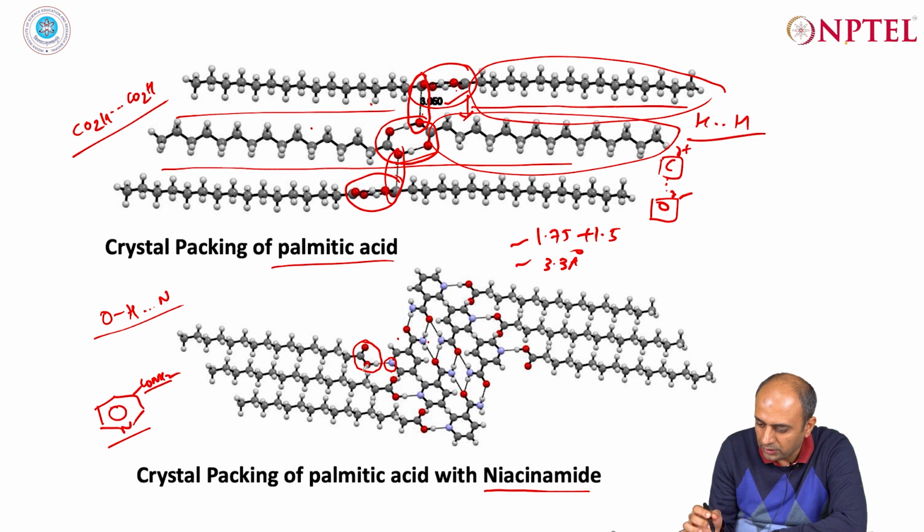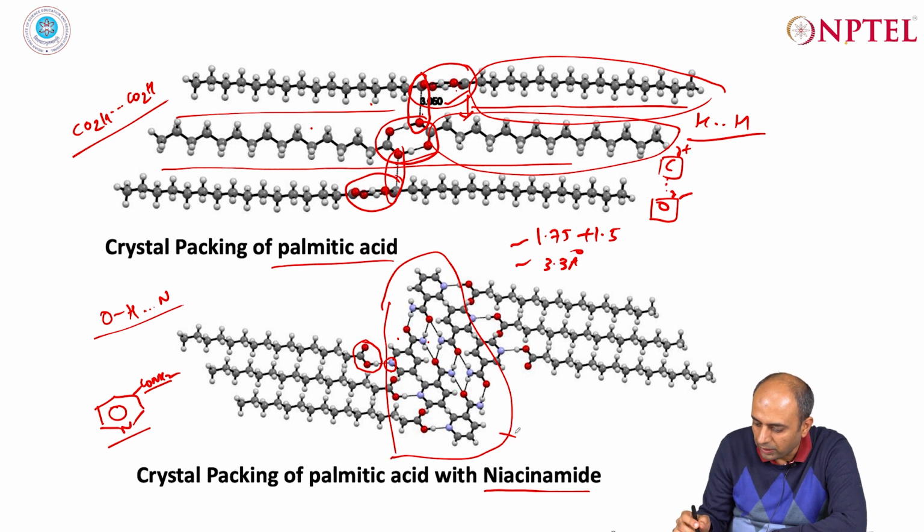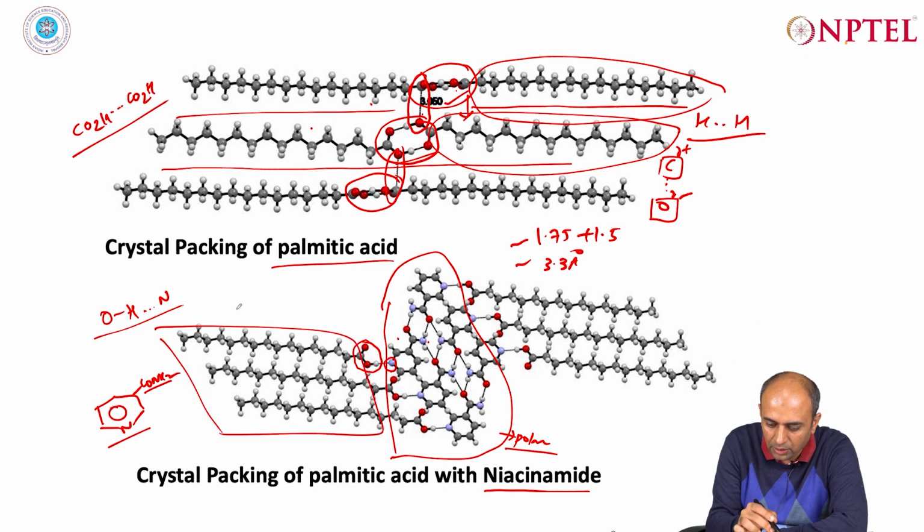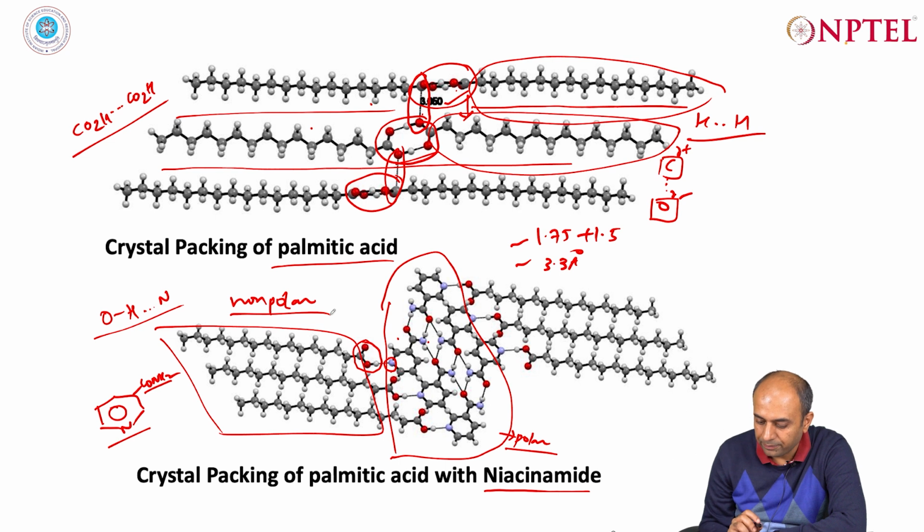And here again you can see that the central part is the niacinamide, which is the polar part, and the palmitic acid, you can see, is the non-polar part. So polar part is there, non-polar part is also there, and in the polar region you will see that niacinamide has NH2. NH2 means there are 2 proton donors.